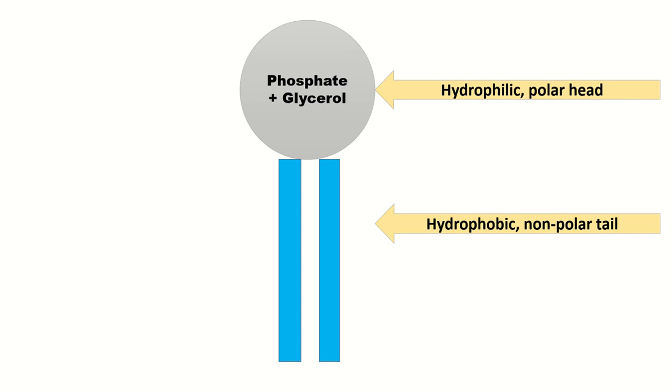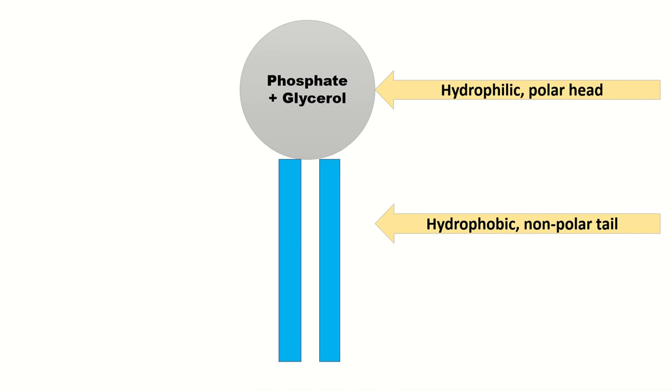This is the structure of a phospholipid particle. It has a hydrophilic polar head which is composed of phosphate and glycerol, and this is the tail region which is non-polar and hydrophobic in nature.